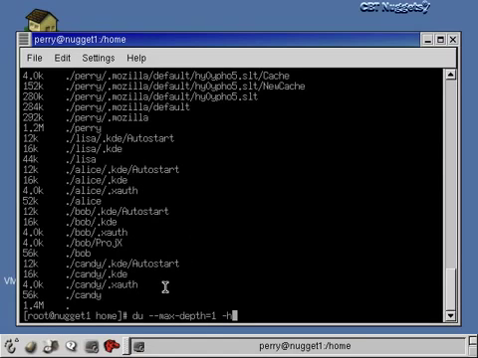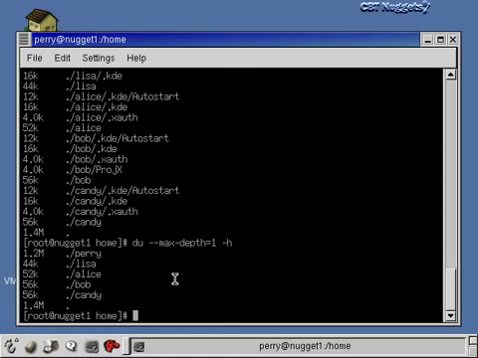Now what this will do is it will go in and it will still count up all these subdirectories here. Okay, like Alice's KDE AutoStart and Alice's KDE and XAuth. But all it's going to display is the stuff that's 1 deep, the max depth 1. So 1 deep below the home directory is the only summaries that are going to be printed out. Okay, so let me do this. And you'll see that here we get Alice's is 52 kilobytes.